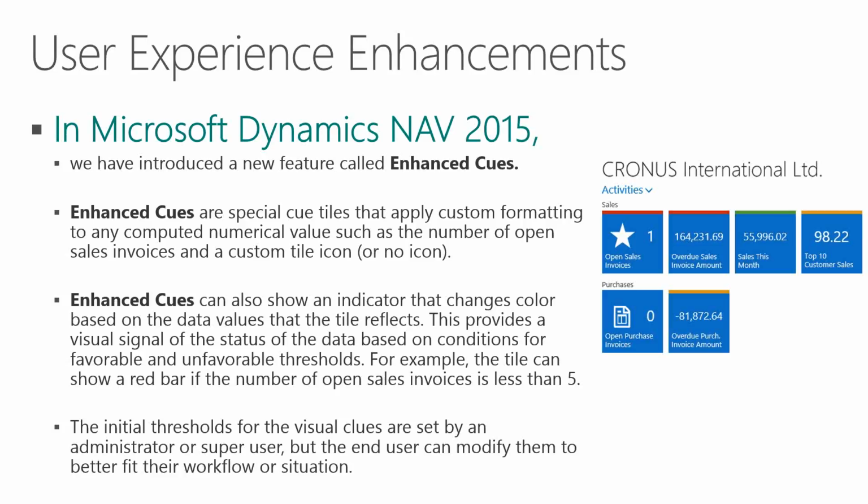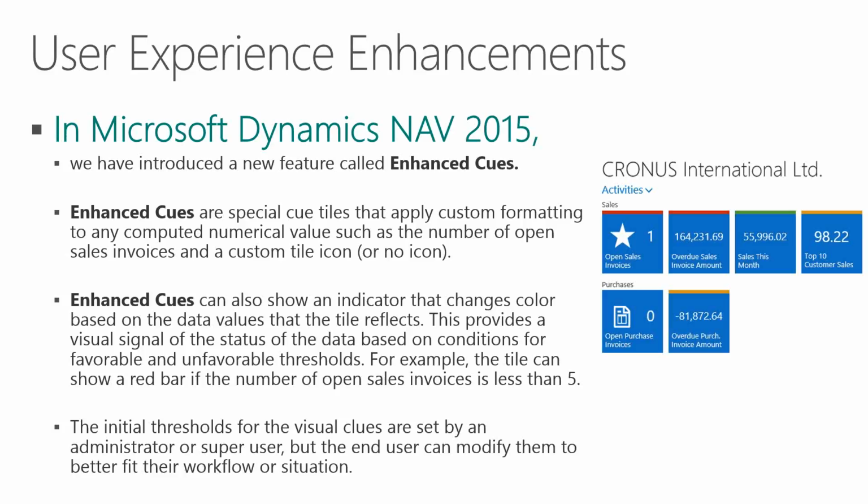But we also have the ability to calculate numerical values and then present those with an indicator based upon thresholds that you set for the numerical values of each of these enhanced queues. We really refer to these as key performance indicators.